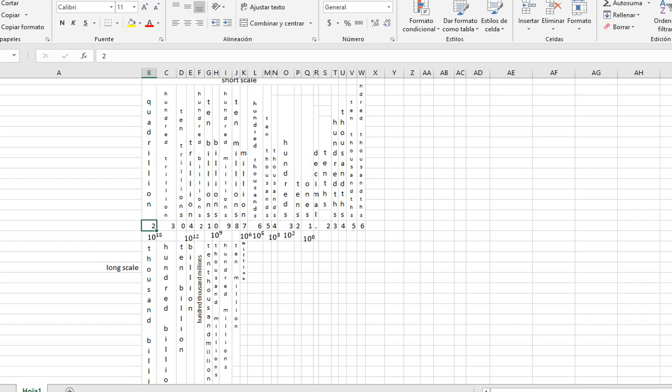And this is endless, but this is for a really several large numbers. 1 quadrillion, and that means a number times 10 to the 15 power, but in a long scale you have 1000 billion.